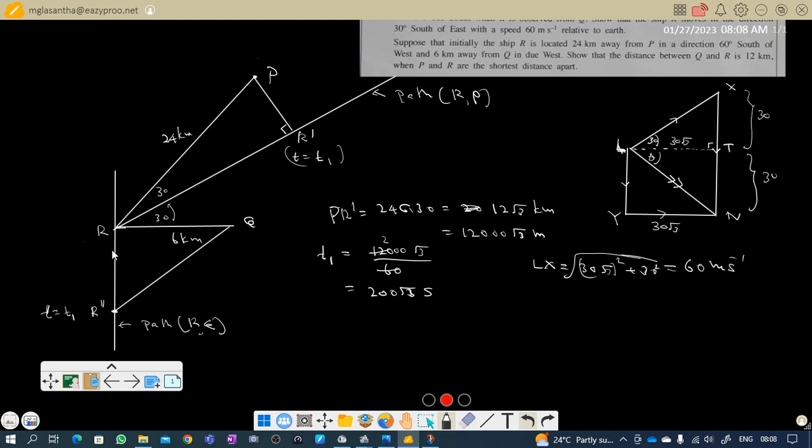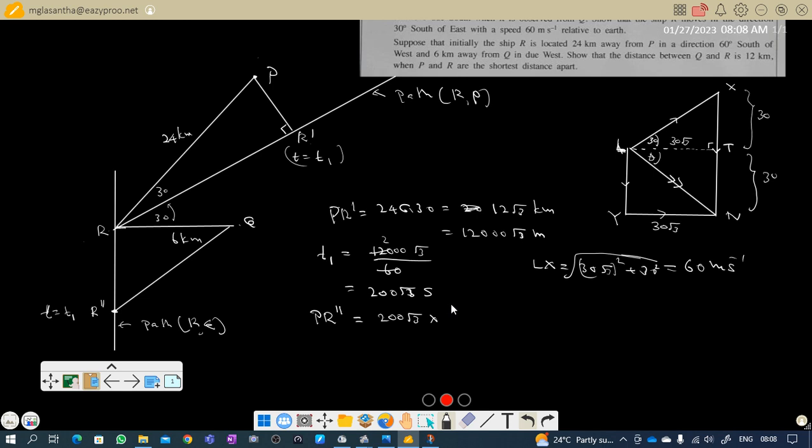Then during that time, relative to Q, the distance traveled by R: RR double dash equals time T1, 200 root 3, times the velocity.